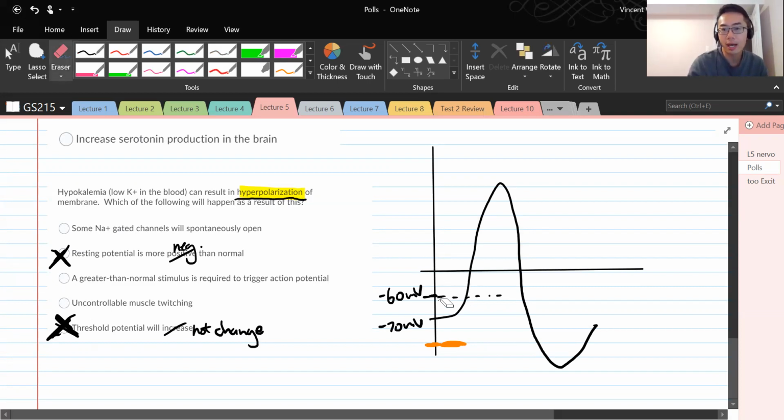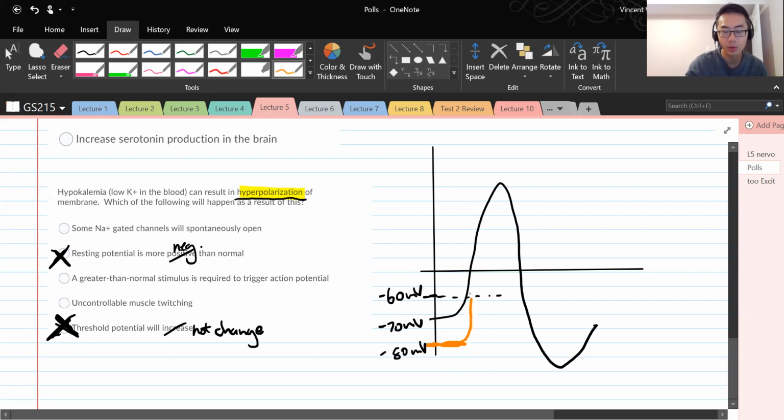The sodium channels. How do we get the sodium channels to open? Well, I have to go from this new resting potential, and I'm just going to make up a number, let's say negative 80, all the way to negative 60.